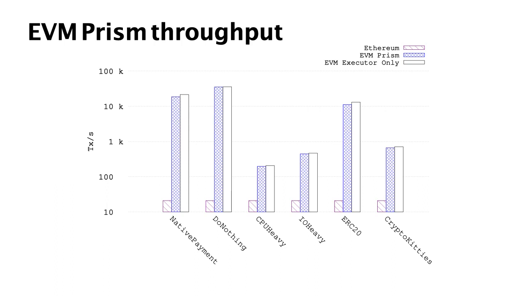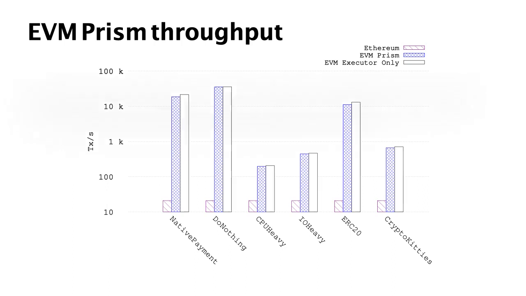Compared to the throughput of Ethereum, which is around 20 transactions per second, it is clear that Prism EVM has throughput of a few orders of magnitude higher than Ethereum. Because Prism changes the consensus protocol but not the virtual machine, we can say that, again, Prism removes the consensus bottleneck.